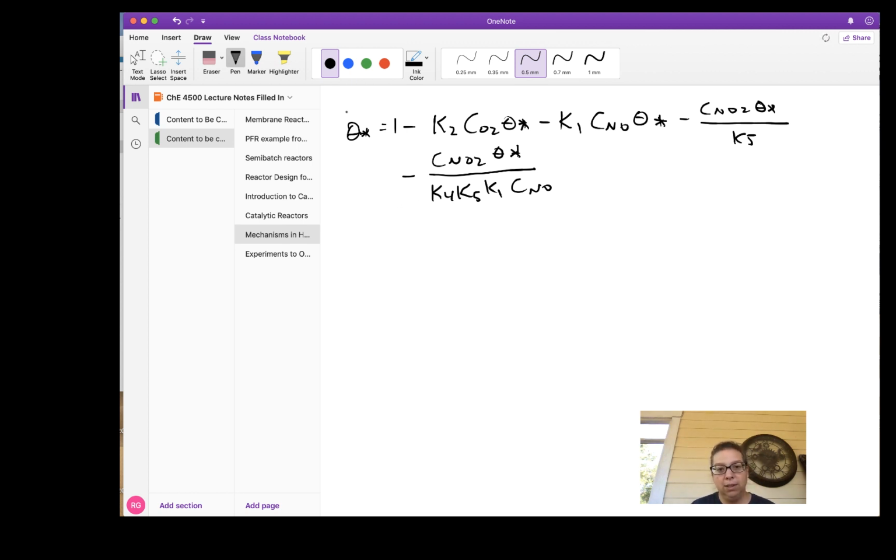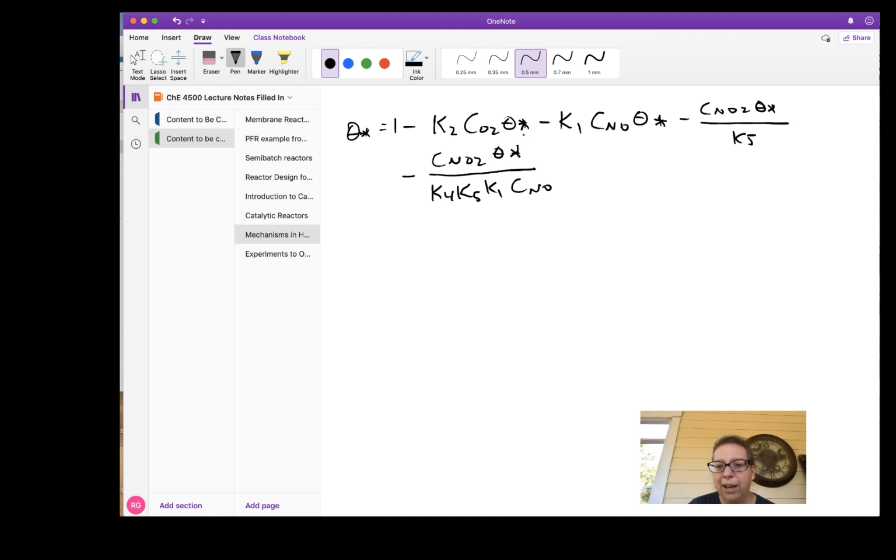Some keys when you're doing this: if you've done your site balance properly and you've written your reactions as elementary steps, and also if you've done your algebra properly, which I should ask you to check mine because there's always a possibility to make algebraic mistakes.